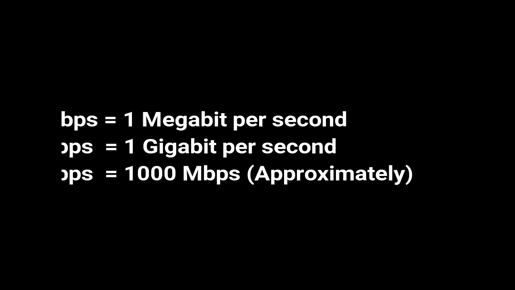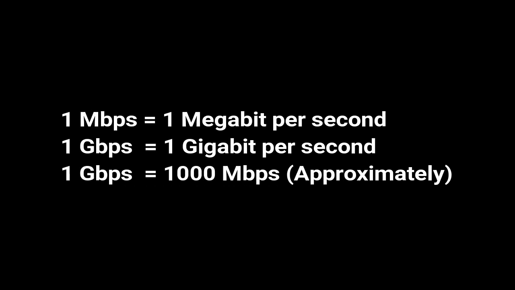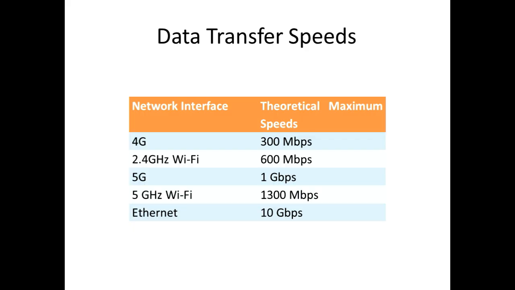Now, just for fun, let me tell you the maximum speeds of all of these interfaces. Mbps stands for megabits per second and Gbps stands for gigabits per second, wherein 1 Gbps is approximately 1000 times faster than 1 Mbps. Mobile 4G has a theoretical maximum speed of 300 Mbps.